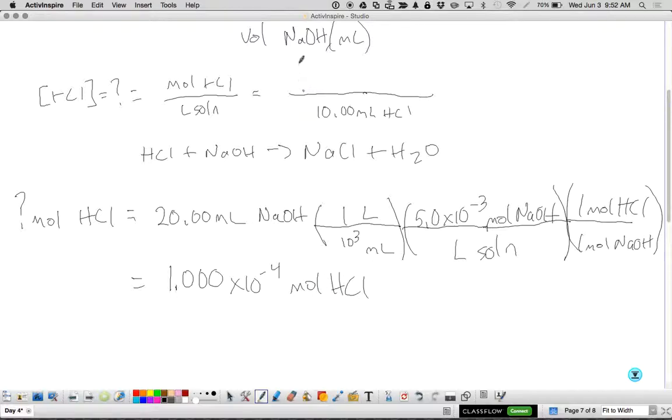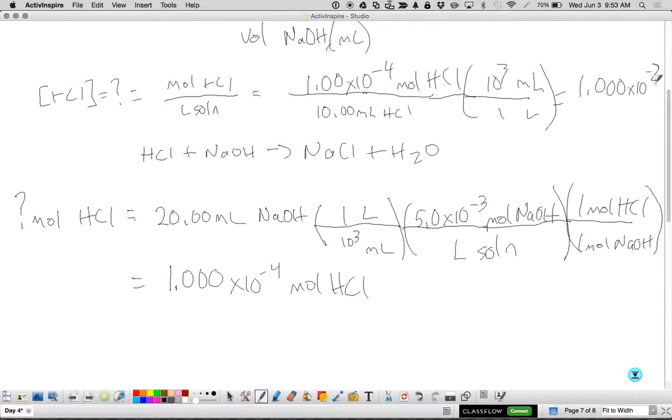Okay, and I can take this value and I can plug it in right up here. I need to convert this milliliters to liters. And then I get my answer, which is 1.000 times 10 to the minus 2 molar HCl. And that's my answer.